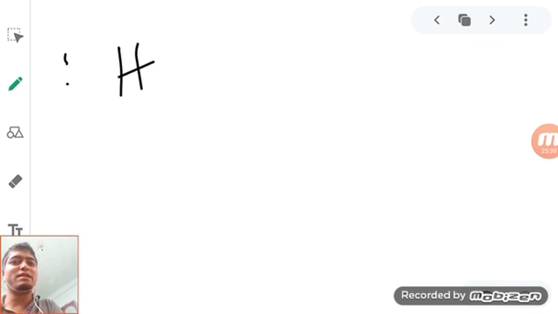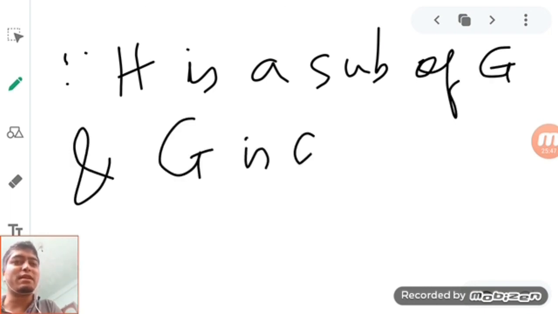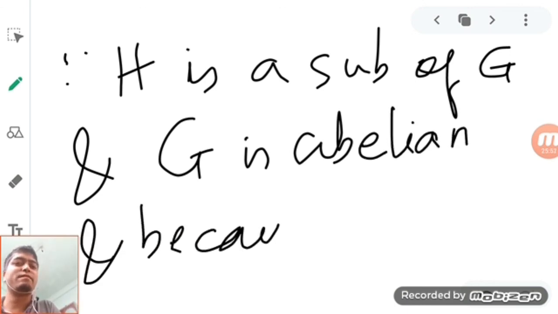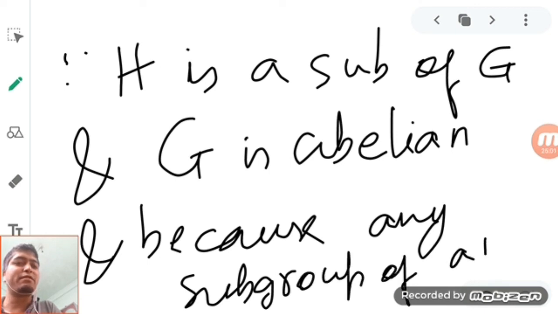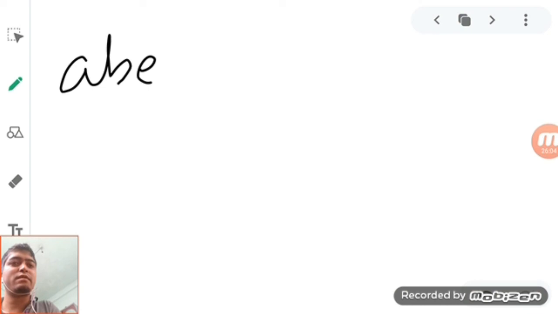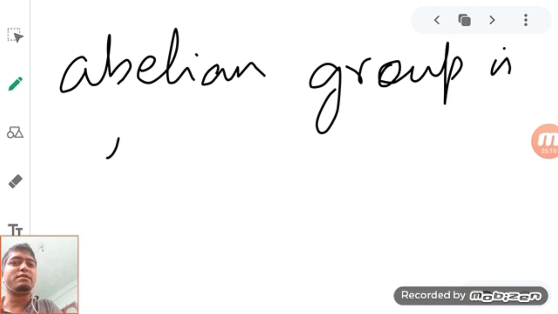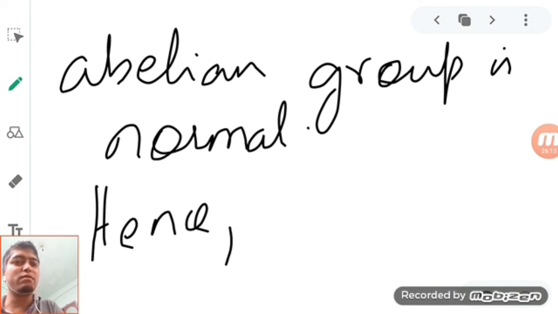Since H is a subgroup of G, that we have found out, and G is abelian, and because any subgroup of an abelian group is normal, hence we can conclude H is normal in G.